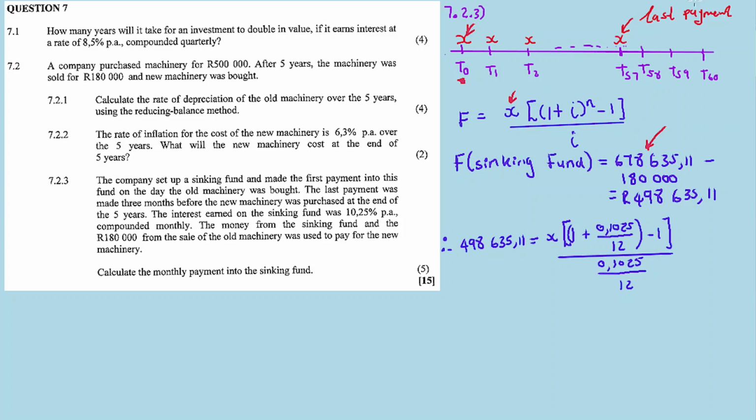And the last payment was made at T57. So it means that the exponent n will be 58, because the first payment was made at T0. So it's 57 plus 1, because when I count to 57 I start counting T1, T2, 3, 4 up to 57, but because x starts at T0, it means that it's plus 1, so it's 57 plus 1, it's 58.